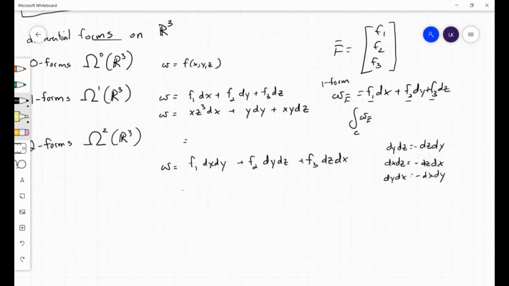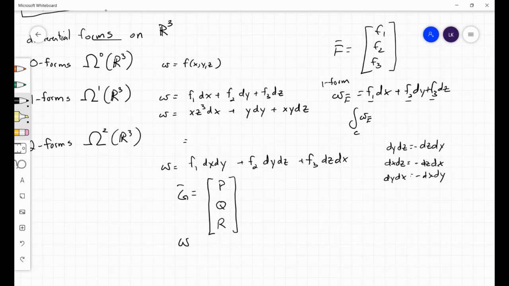All right. And so if you have a vector field on R3, and you wanted to do a flux integral through a surface with that vector field, you would associate a 2 form to that vector field. Except you have dx dy, but it wouldn't be like P. It would be the z component because it's the one that's perpendicular to dx dy.